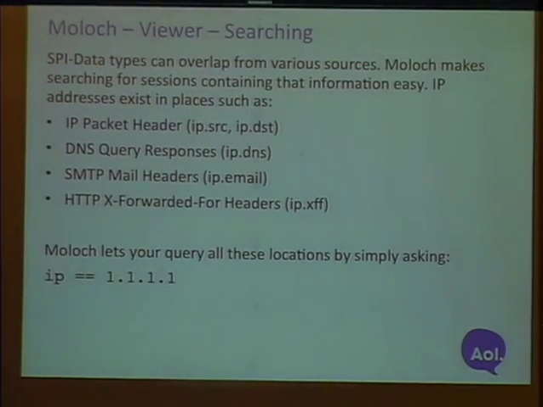One of the other things I started noticing with a lot of the full PCAP setups that are out there is that when you want to just search for an IP address, it might be in various locations, and you have to keep writing queries that look for it here, look for it here, look for it there as well.